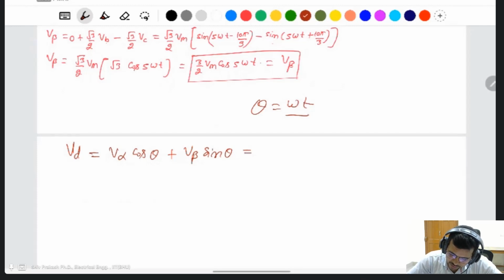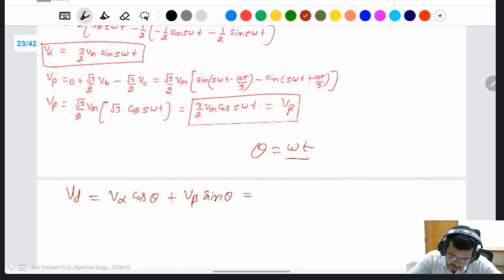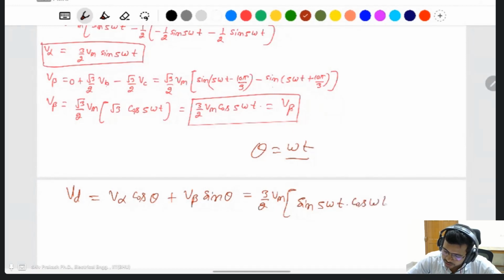Then V alpha is 3 by 2 Vm, and V beta also has 3 by 2 Vm, so 3 by 2 Vm is common. V alpha is cos 5 omega t, sin 5 omega t, into cos theta. Cos theta is cos omega t.